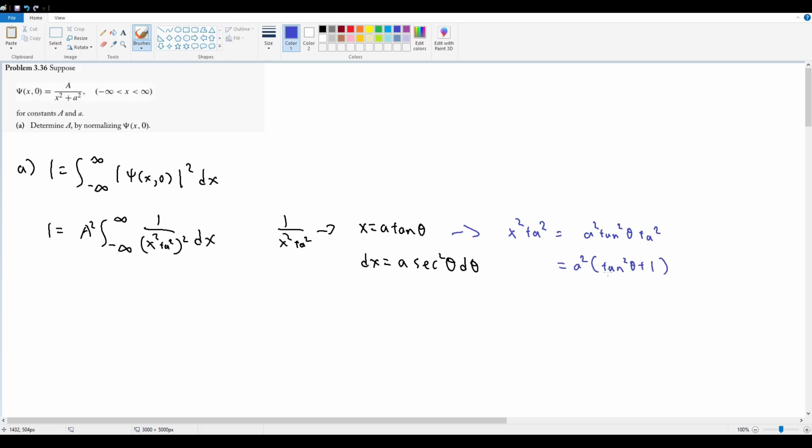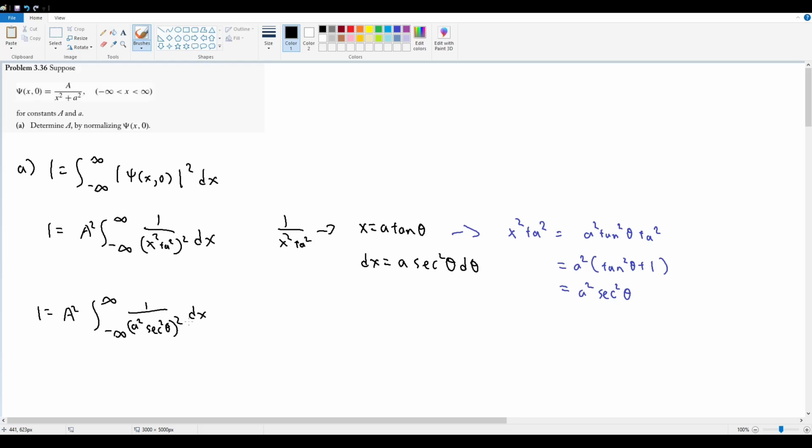And that's a trig identity, right? That's just equal to secant squared theta. So if I plug this back in here, I now have 1 is equal to A squared times the integral from negative infinity to infinity of 1 over (a squared secant squared theta) squared dx.